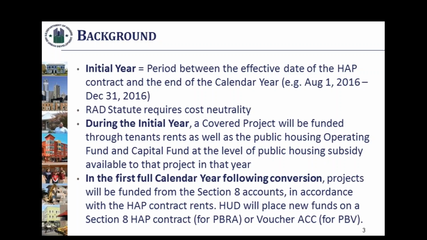So in this case, if a project converted today and chose to have a HAP effective date of August 1, I'm just going to put a pin in a point I want to make later, that the owners can actually choose to have a HAP effective date of August 1 or September 1 if they converted today, but that's almost an aside to this topic. But the initial year covers the point from which the HAP is effective to the rest of the year.